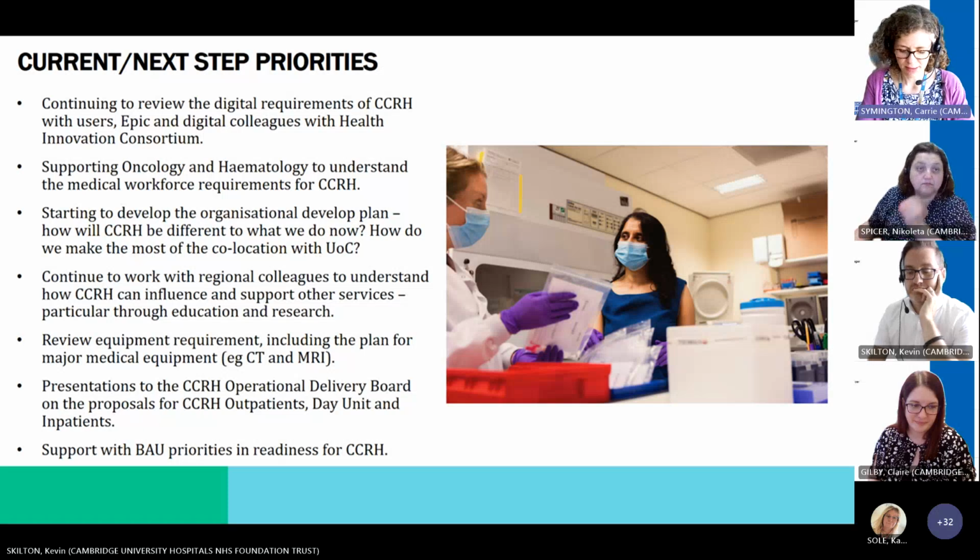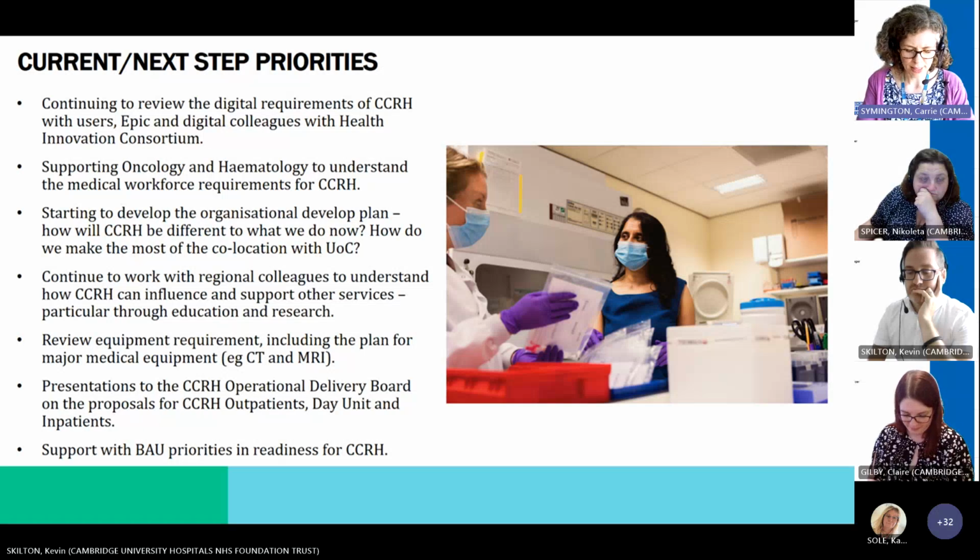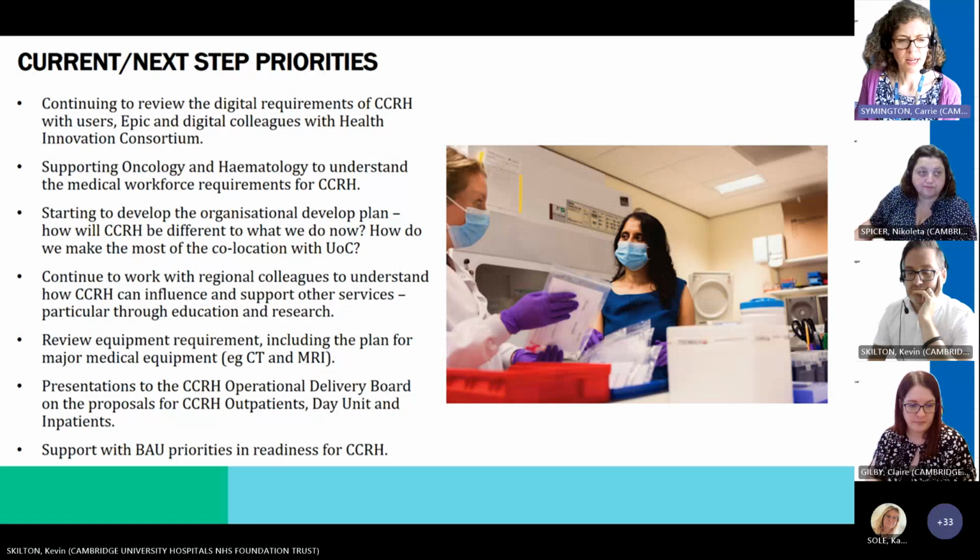We're trying to prepare for the Cancer Summit, which is a regional event in September, where we are involved along with other colleagues. Lots of equipment planning going on to review our requirements and the costings. We've had a run of presentations to the CCRH governance structure, the operational delivery board.